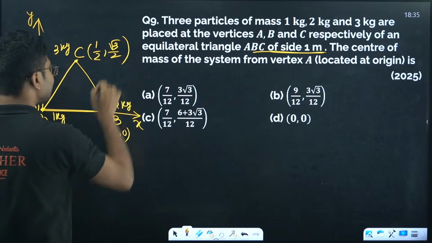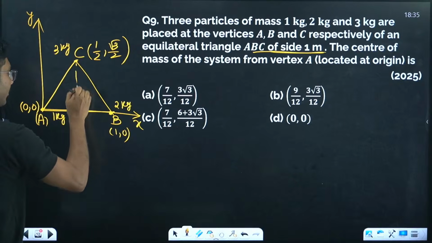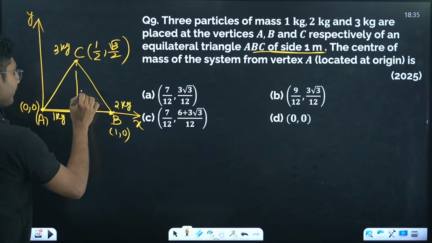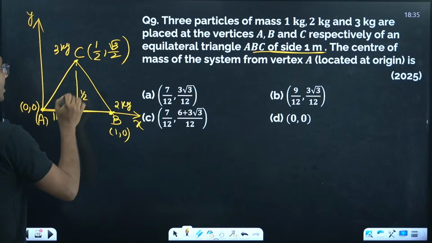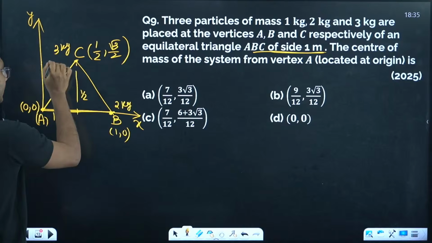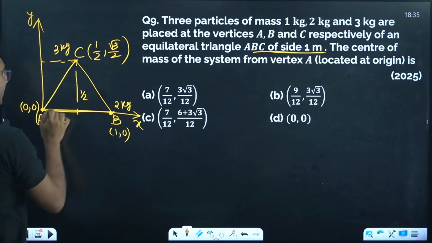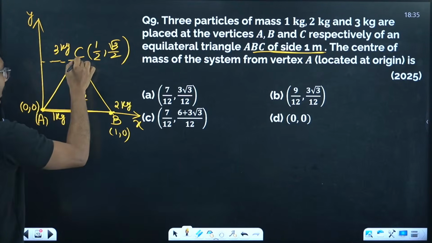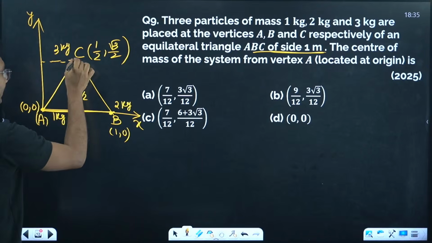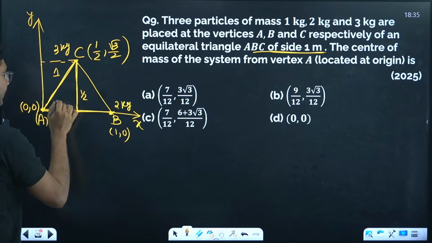How to calculate this? First of all, if you draw a perpendicular from this, it will bisect this side. That means the x coordinate is half. Okay, and what about the y coordinate? For that you have to apply Pythagoras theorem and calculate this distance. This distance is half. You need to calculate this height to calculate the y coordinate. To calculate that, this side is 1, this is half.